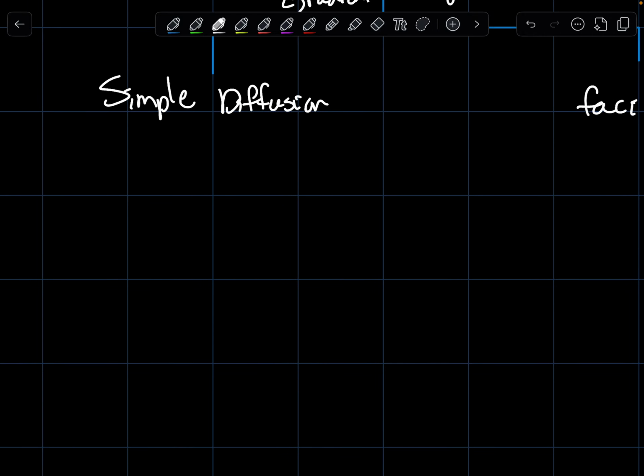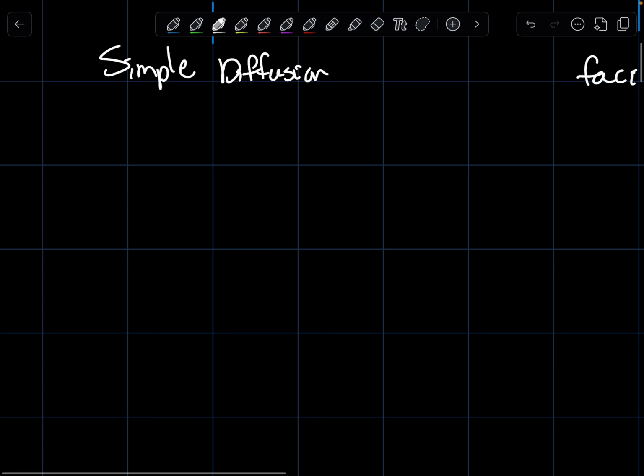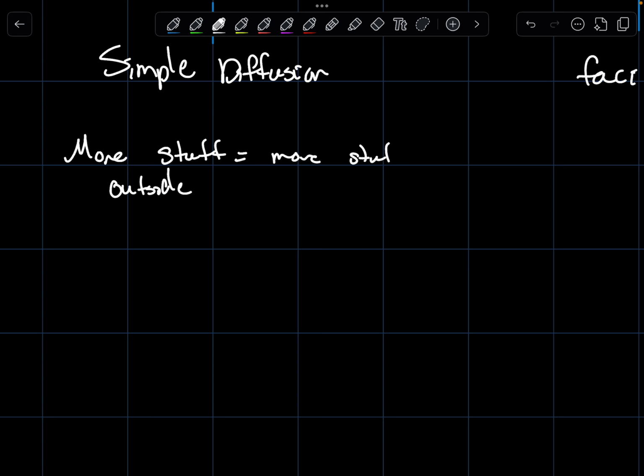So looking at simple diffusion, we know that it doesn't require energy, so I just look at it as more stuff outside results in more stuff inside, because it's that movement. So that's the result.